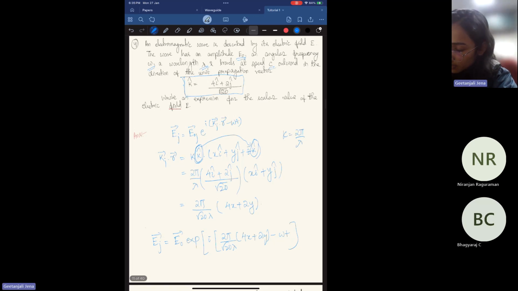Okay, so this is the final form. And for the scalar, it is nothing but omitting the vector form. So it is E0 exponential i (2 pi over root 20 lambda)(4x plus 2y minus omega t).